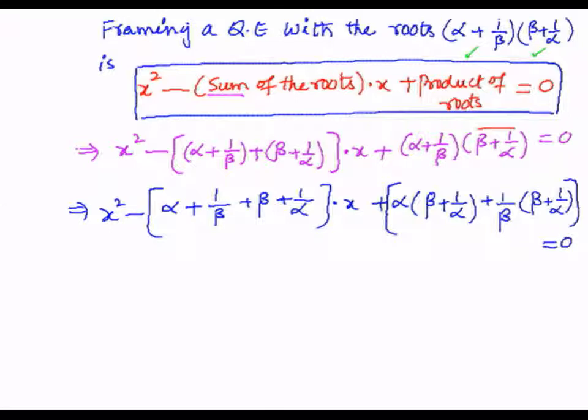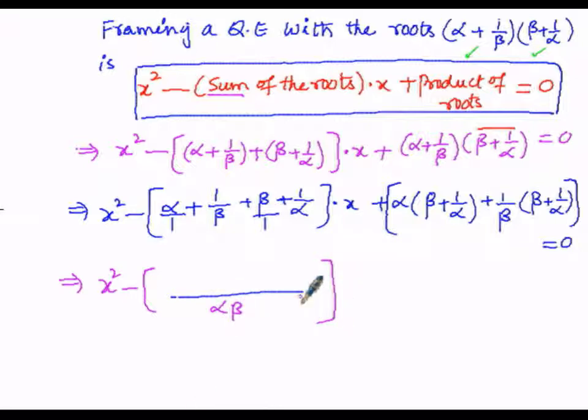So that implies x square minus, here the denominator is 1 and here also the denominator is 1. Let us take the LCM of 1, beta, 1 and alpha. The LCM is alpha beta.